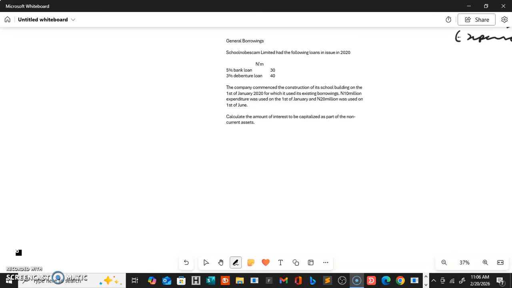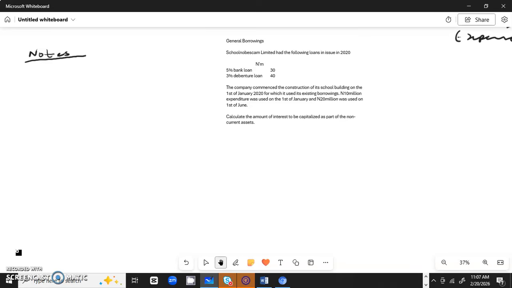So we have this question. Let me start here. Let me say notes. School No Be Scam Limited had the following loans in issue in 2020.